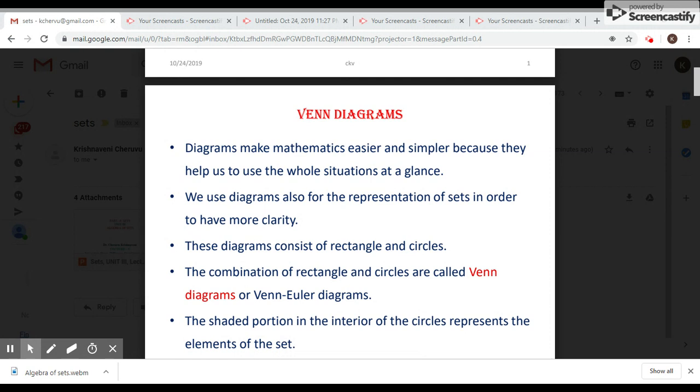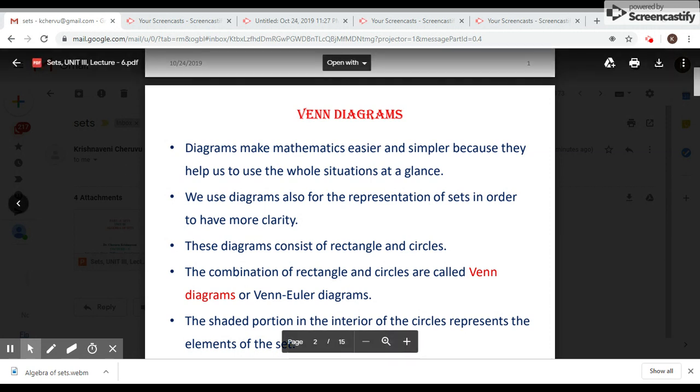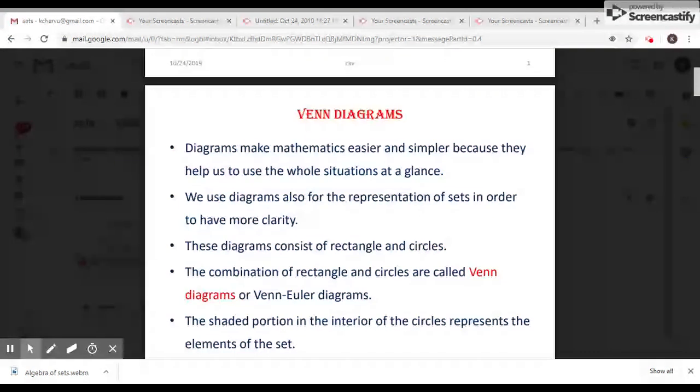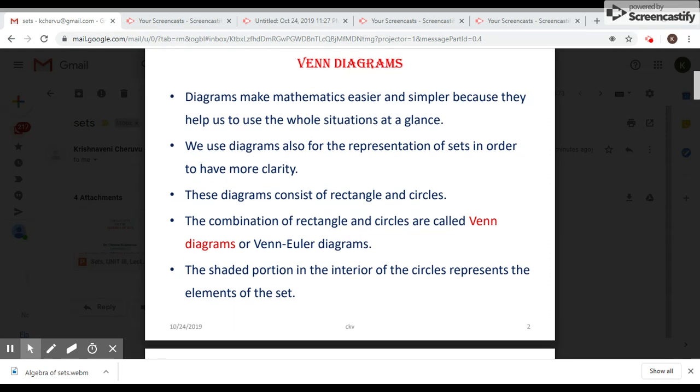What is a Venn diagram? Diagrams usually make mathematics easier and simpler, just because they help us see the whole situation at a glance. We use diagrams also for the representation of sets in order to have more clarity.